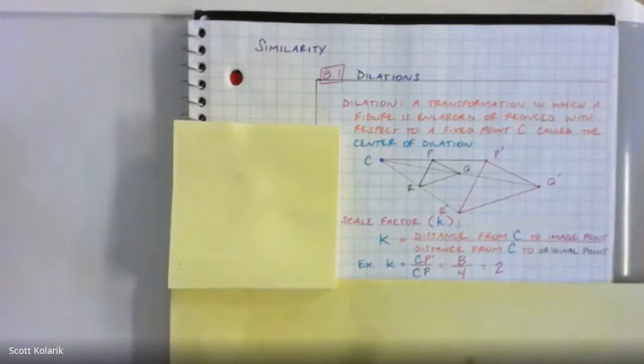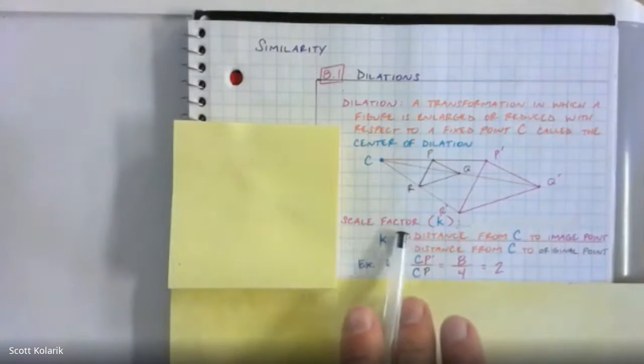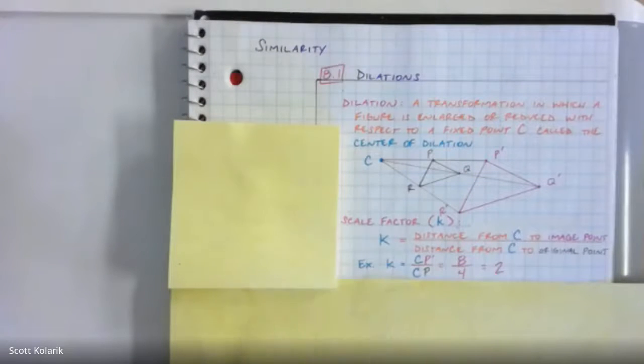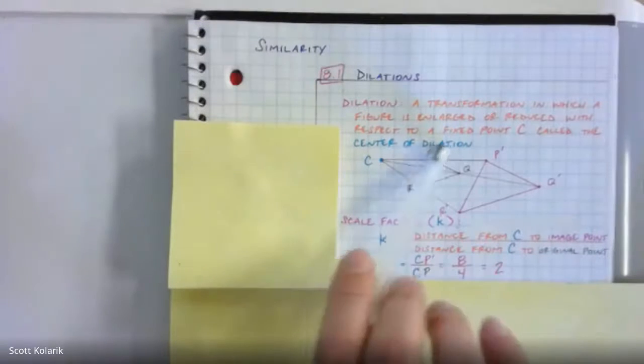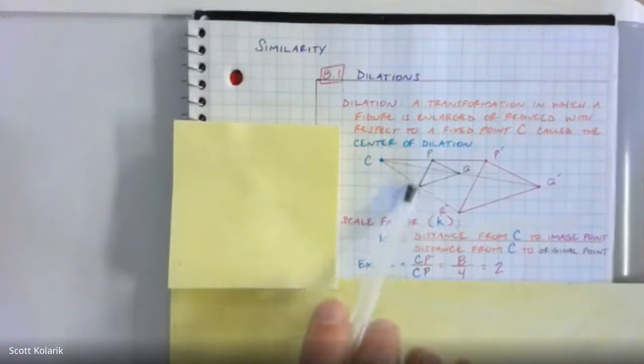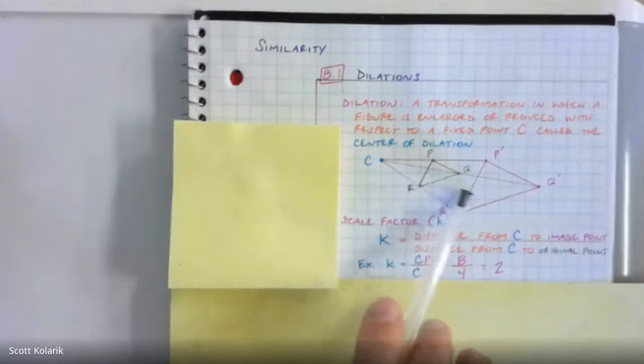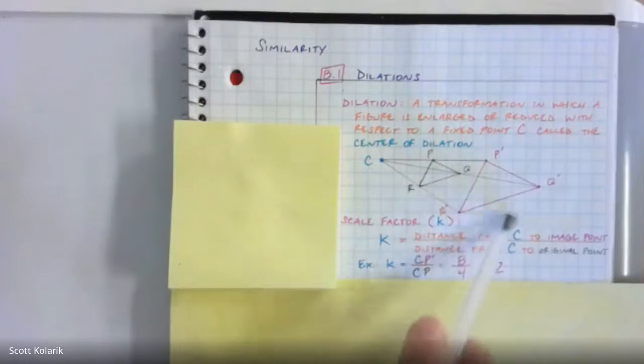The factor part should be familiar within mathematics as well. Factor means that we're dealing with a constant multiplier. So when I talk about a scale factor, every measurable aspect of the original object is multiplied by something to get to its image.